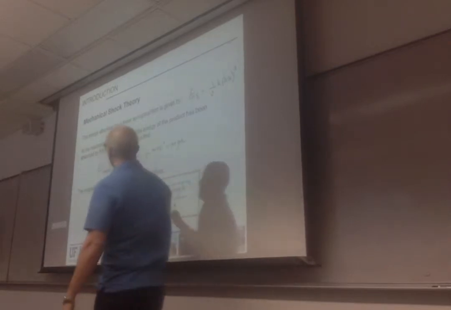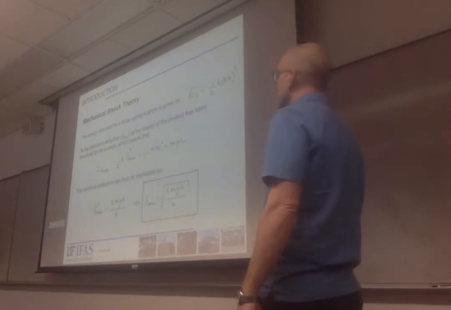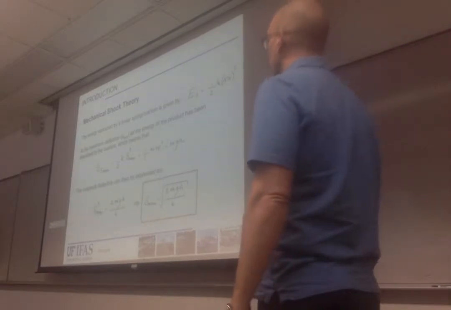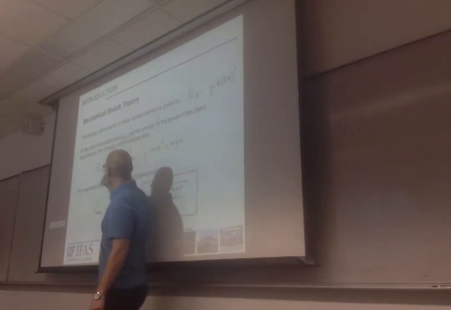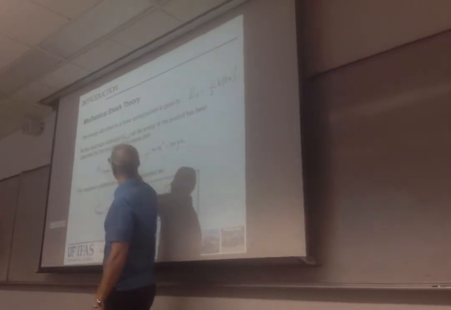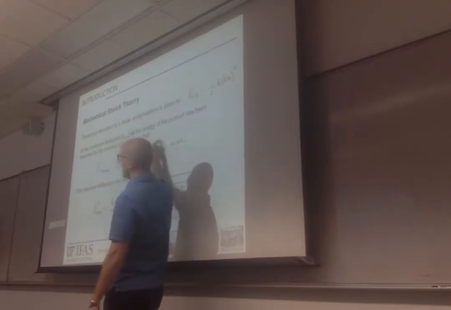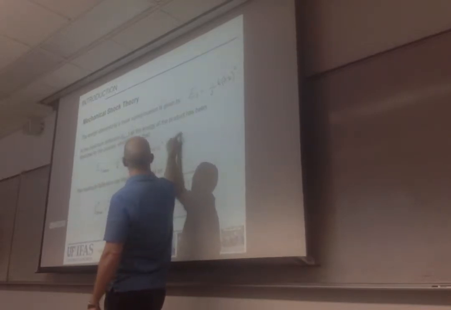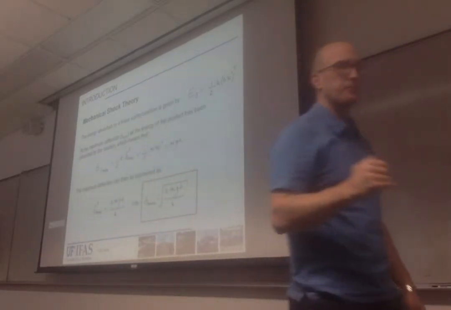At the maximum deflection, all the energy of the product has been absorbed by the cushion, which means that at the maximum displacement of the cushion, it must be equal to the kinetic energy at the impact, or if you want, the potential energy that started the whole process.